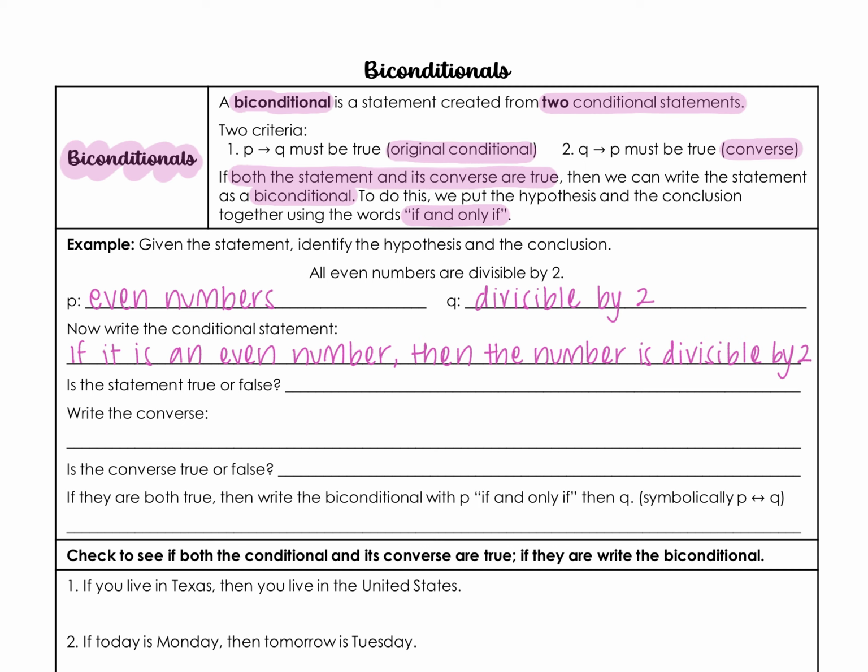Now we know the first part is true. We need to then determine, is the converse going to be true before we can write the biconditional? So we're going to write that converse statement. Remember, that's just where we switch the P and the Q. If a number is divisible by 2, then it is even.